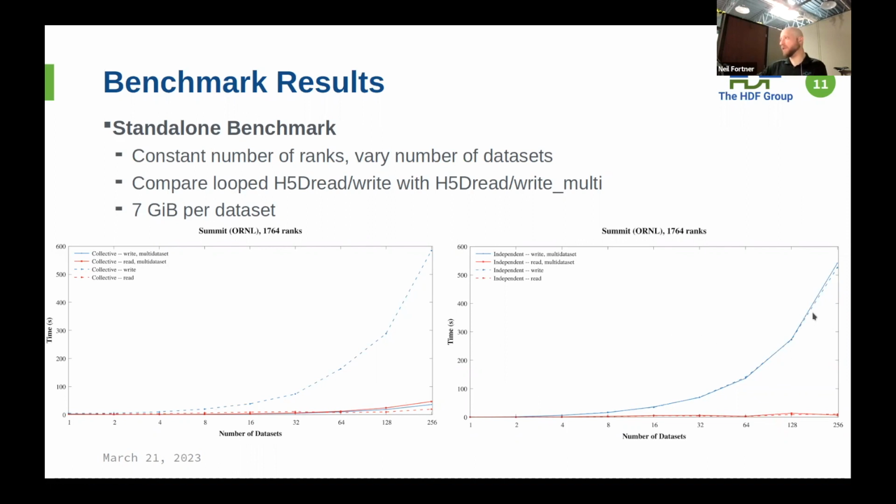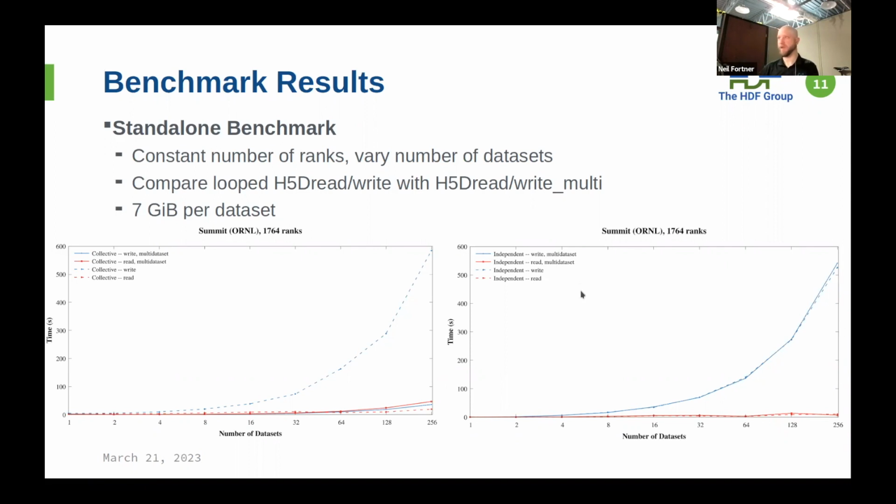Then, as a sanity check, we also ran it for independent and it shows pretty much the same results, which is as expected, because with independent IO it doesn't build any of those datasets. It just does one block at a time, calling HDF or MPI file write or read one block at a time.